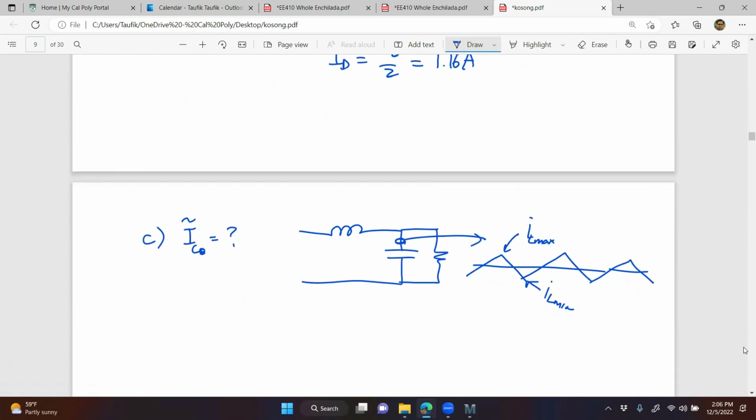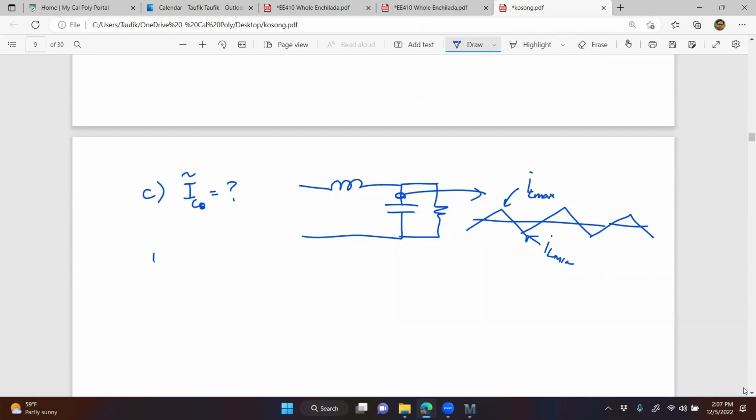So I know that IL P min is 6 amps and IL P max is 8 amps. So this is on the primary side, reflected on the primary side, from IL max.